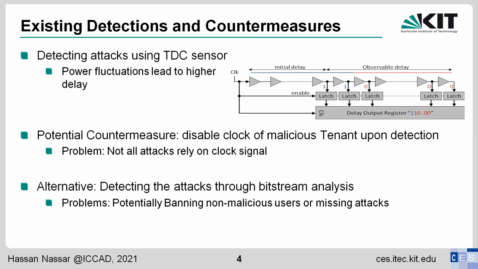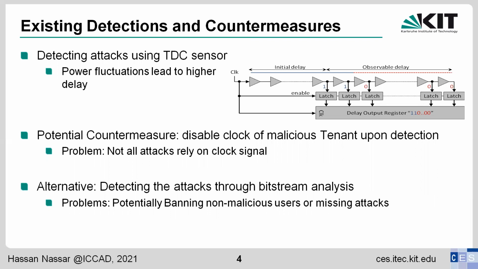For detection, mainly a time-to-digital converter is used as a sensor. With a higher power fluctuation, we have a higher delay, and this delay is seen in the output register. That is for detection. For countermeasures, one possible countermeasure is to disable the clock of the malicious tenant upon detection.